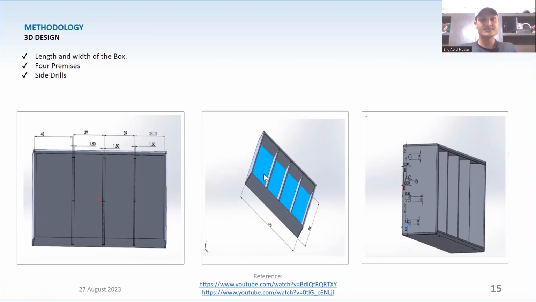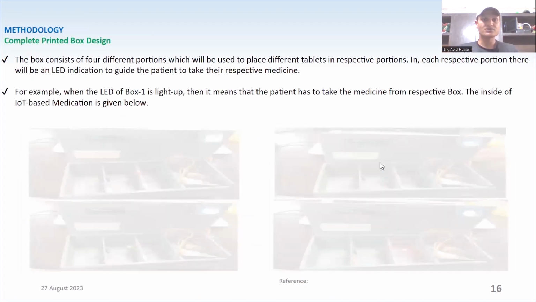And there are 4 premises: premises 1, premises 2, premises 3, and premises 4. Premises 4 is used to put different circuitry and electronic components in order to keep the box clear. Here are the side discs that we will use to pass different wires to different compartments. Complete printed box.